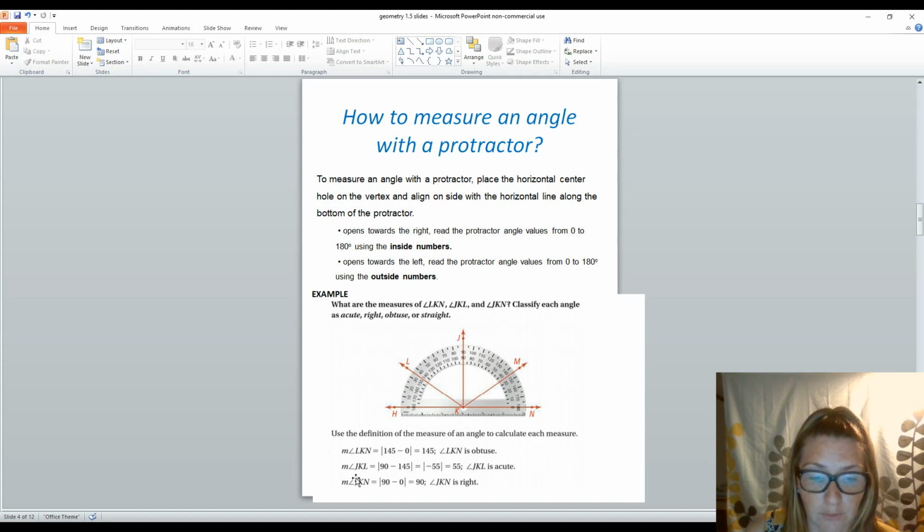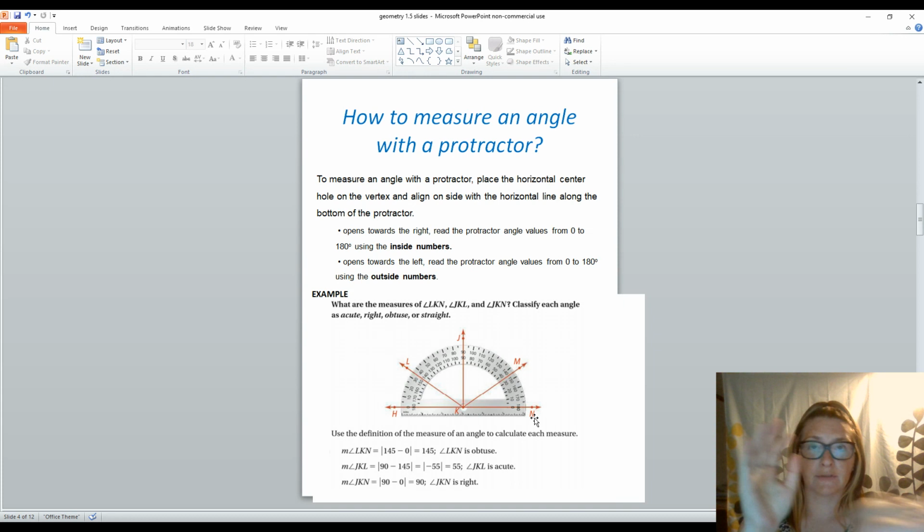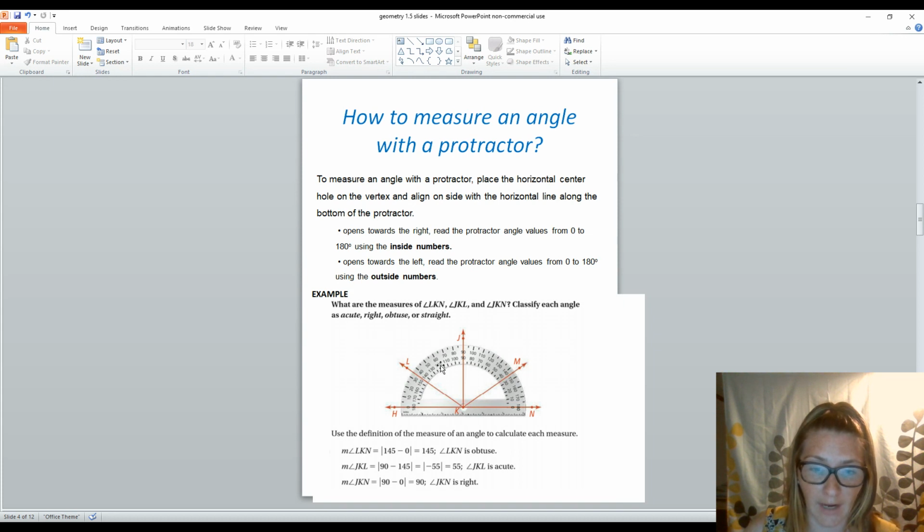The next example, JKL. So here is JKL. This angle does not go towards 0 on the left or the right. It's stuck in the middle. So you can use the top or the bottom. I'm using the bottom, and I identify where both points touch on this protractor.